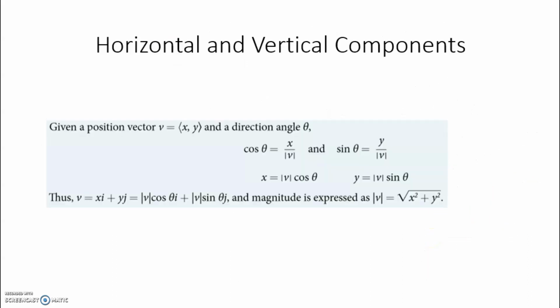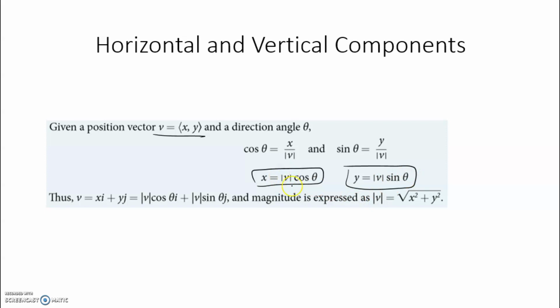We can break a vector into horizontal and vertical components. If this is your vector, with components x and y, the horizontal component is x equals the magnitude of v times cosine of theta, and the vertical component is y equals the magnitude of your vector times sine of theta.